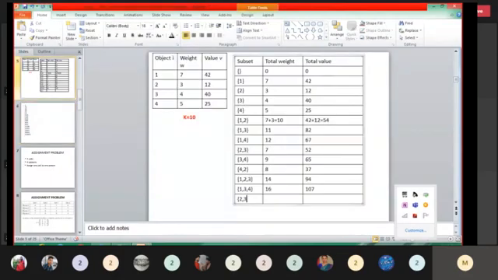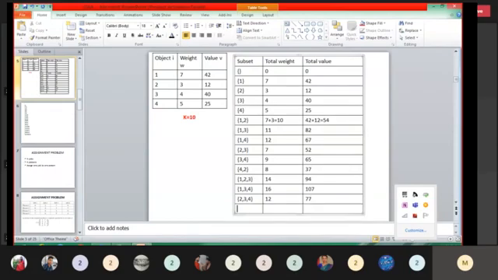What is the weight? 12. The value was 40, 60, 70, 77. What is the next?